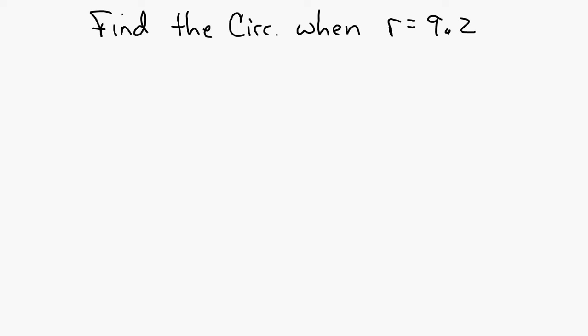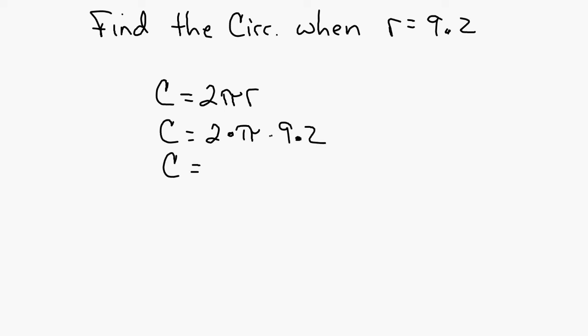Circumference equals 2 times pi times 9.2. So that's what goes into your calculator. Push 2 times pi button times 9.2. So 57.81.